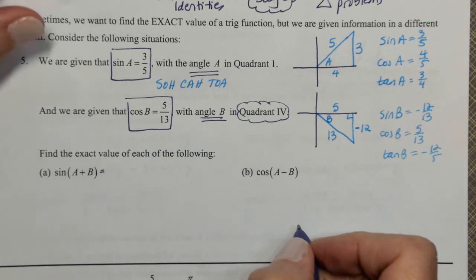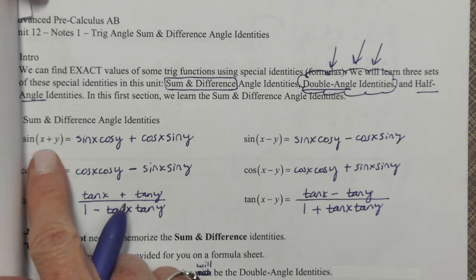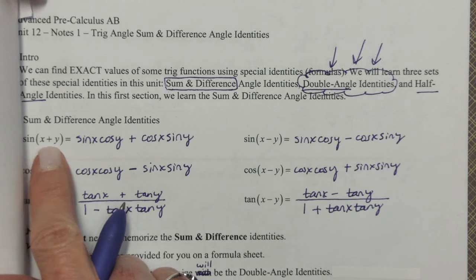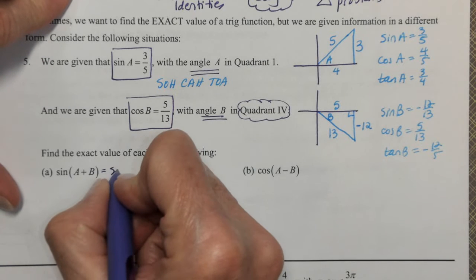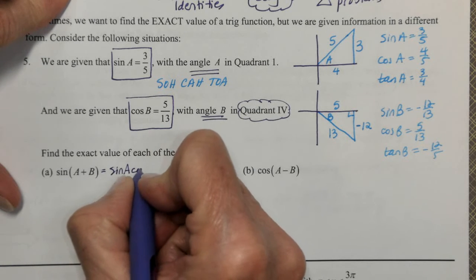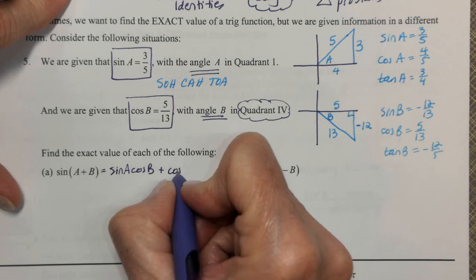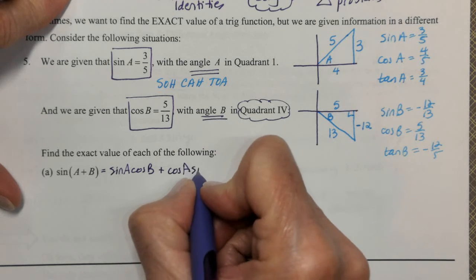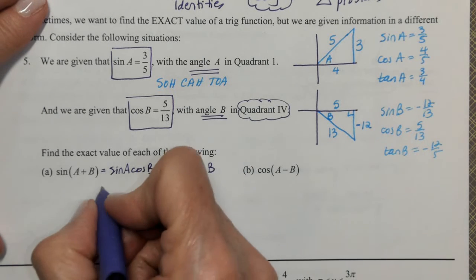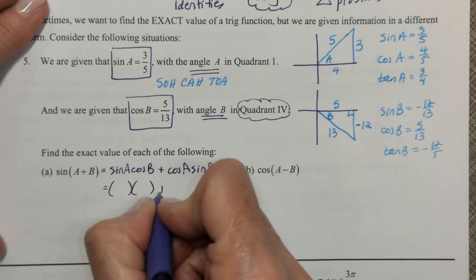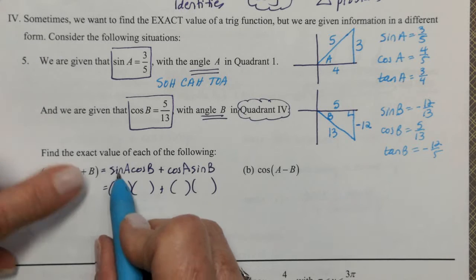So for sine of the sum of A plus B, I'm using the identity for the sine of the sum of 2 angles. It'll be sine of the first times cosine of the second plus cosine of the first times sine of the second. Just as we did yesterday, I'm just going to fill these in.